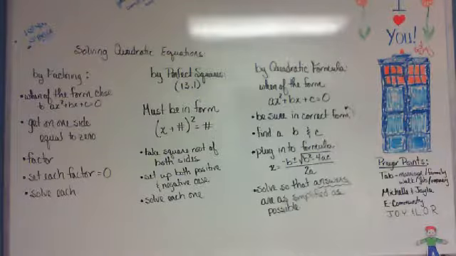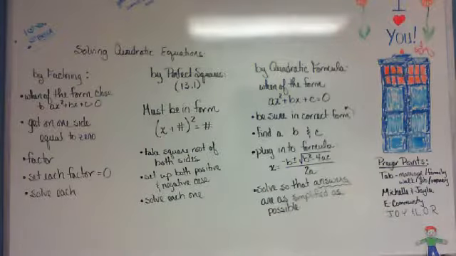If it's in that form, then you can take the square root of both sides, and set each of those up as separate cases, both the positive case and the negative case, because you took the square root before you finished your solving. Then you solve each one so that you make sure you get your two answers.